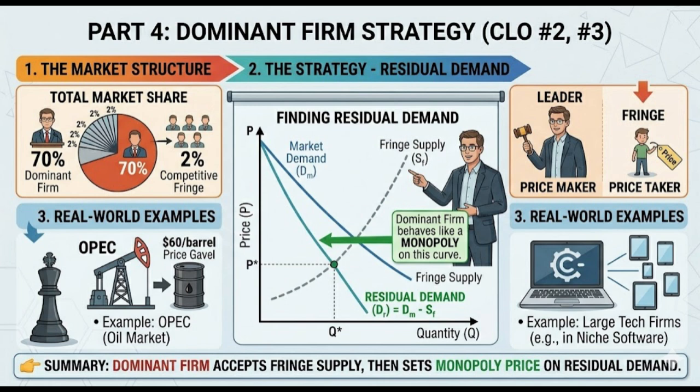Small firms are price takers, and a dominant firm is a price maker. So the dominant firm acts like a monopoly on residual demand. For example, think of OPEC in oil markets. Also, large tech firms in niche segments.